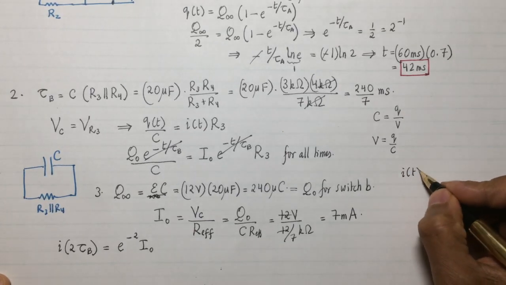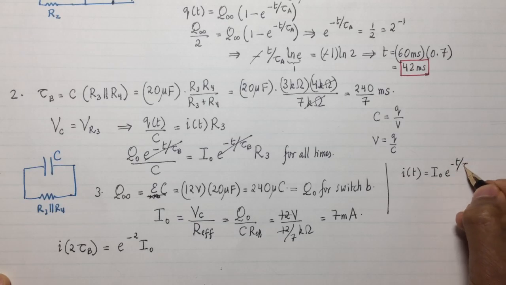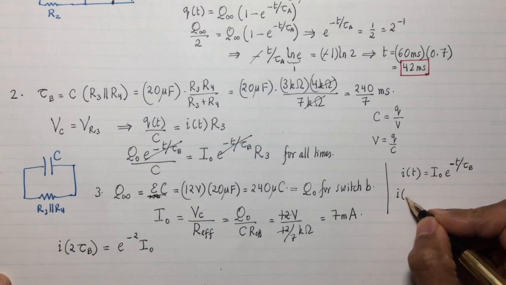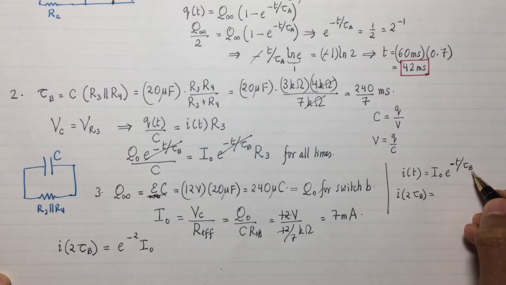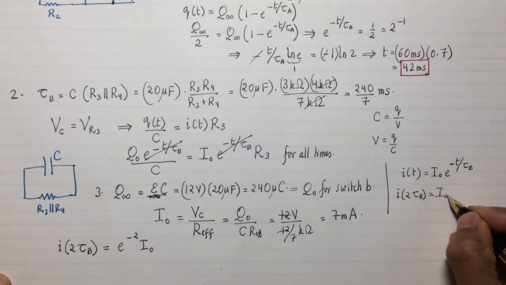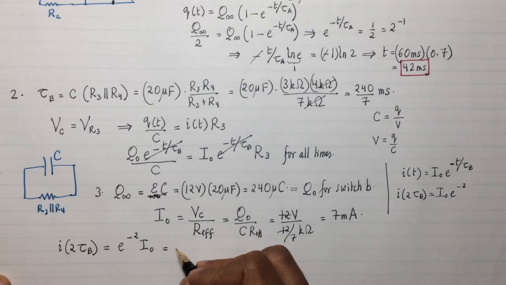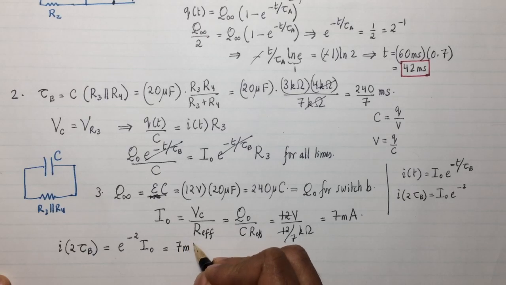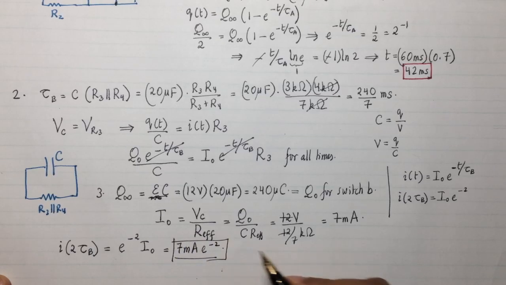I as a function of time is equal to I naught e to the minus t over tau b, and after two time constants, putting t equals 2 tau b, I'm going to get negative 2 tau b over tau b, which is negative 2. So I just get e to the negative 2, which is something like 13 percent. It's a small quantity. I'm not going to bother with the numerics again. So the answer is going to be 7 milliamperes times e to the minus 2. Whatever that is in your calculator, that's the answer.